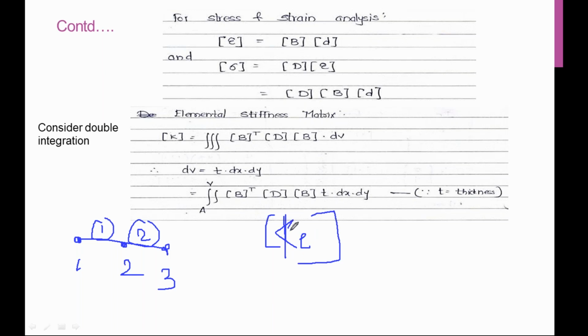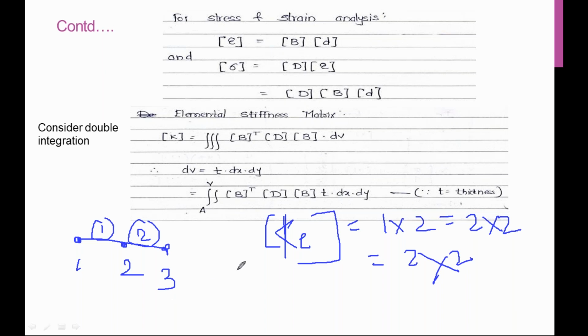Ajay, don't be in a hurry. I want the elemental stiffness matrix size, only for the first element or for the second element. Consider only the first element: degree of freedom per node is always 1, and for the first element, how many total number of nodes? So your K1 matrix is a 2 by 2 matrix and K2 also 2 by 2.